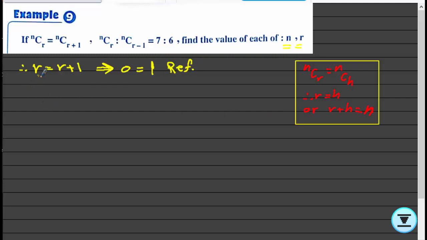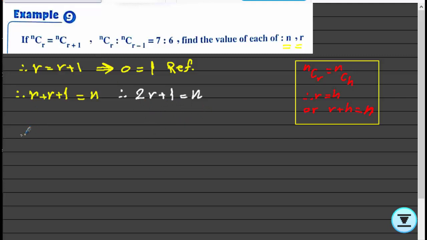Or here we said r plus h equals n, so r plus r plus 1 equals n. So 2r plus 1 equals n. Okay, n equals 1 plus 2r. It is the same, of course.